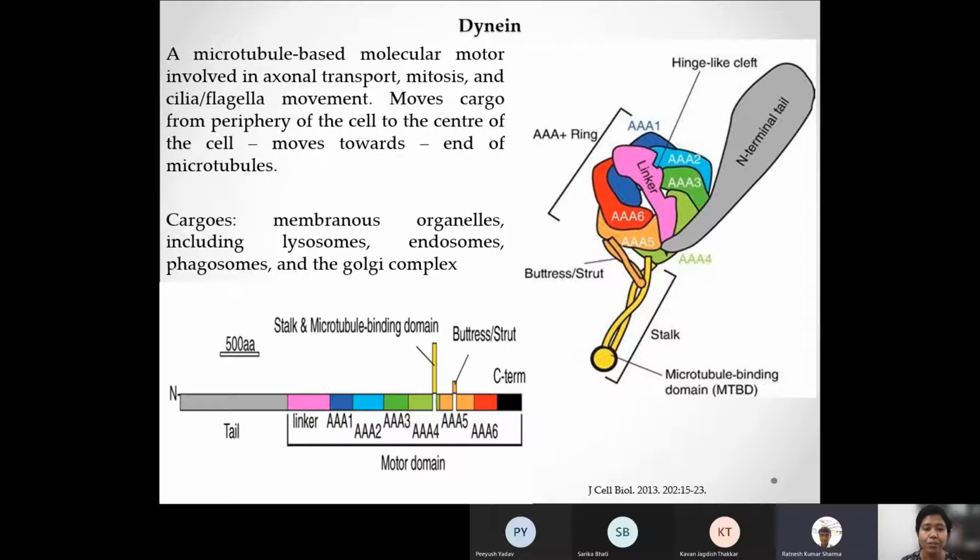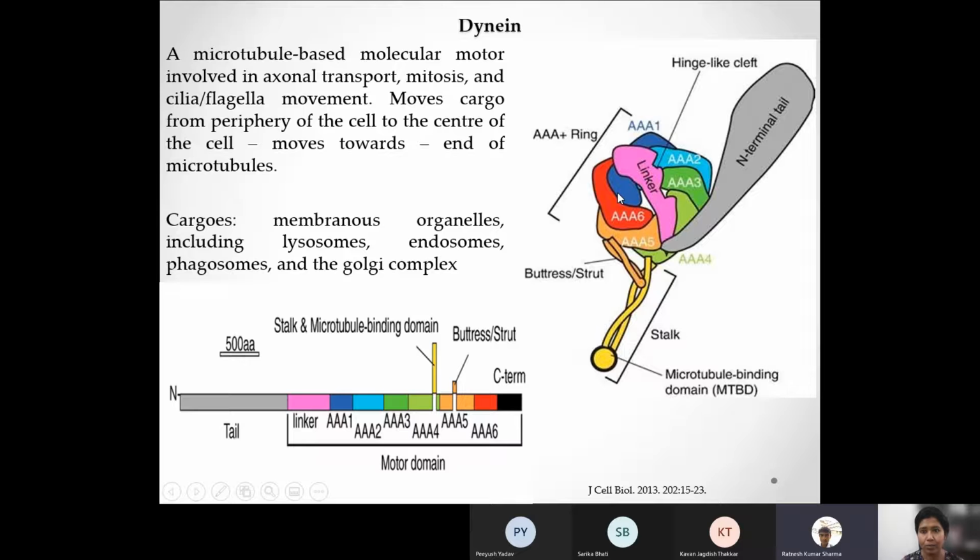of dynein to emphasize that we have so far seen that there is this triple A plus domain in the dynein polypeptide, and there are 6 such AAA domains which form a ring-like structure. And the most important ATPase site here is on AAA1.